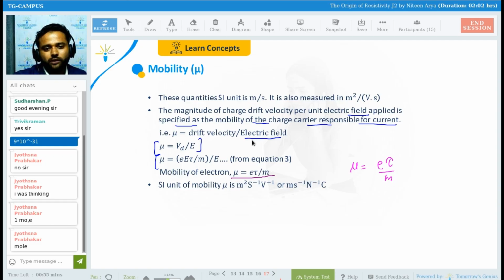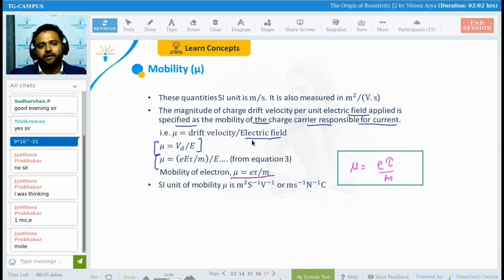What particular question do they ask in general from this relation? If instead of the mass of electron we use a charged particle like a proton, how is your mobility going to change? Means instead of electron, if this charged particle is any ion or positive charge, or an alpha particle, how is mu going to change? The SI unit of mobility is meter square per second per volt, or meter per second Newton per coulomb.